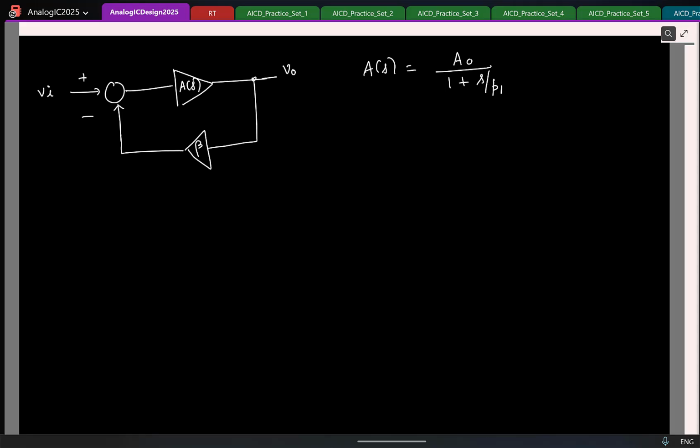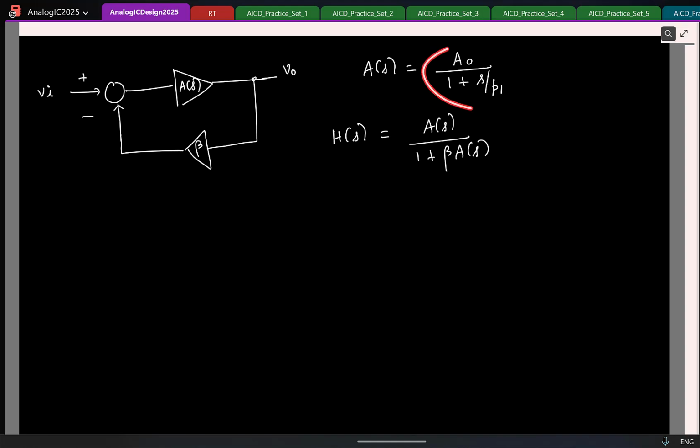So here, this is the A of S. Can you tell me the closed loop transfer function in terms of A of S, from Vi to Vout? A of S by 1 plus beta times A of S. Same thing.